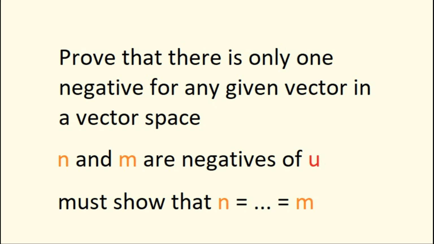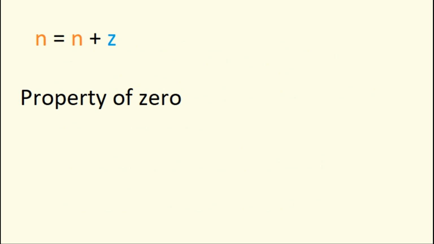We're going to prove that any vector U has got only one negative. As with the previous proof, we'll start out with two negatives of U and prove that they must be equal to each other. Starting with the negative called N, we add Z to it using the property of 0 so as to expand the expression.